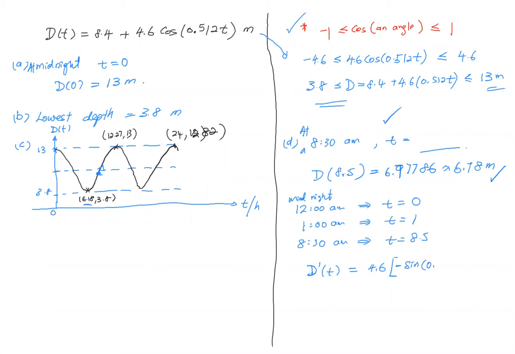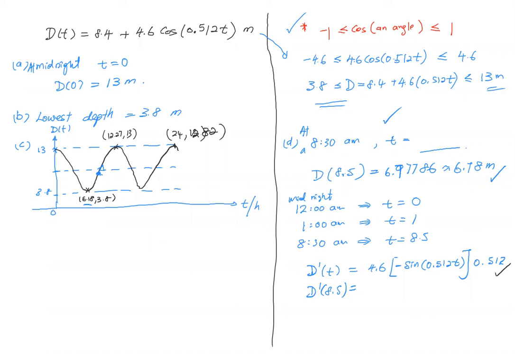Write down the angle. Then differentiate the angle. Now you put in d prime 8.5. Use your calculator and get the answer. So this one you get 1 mark.